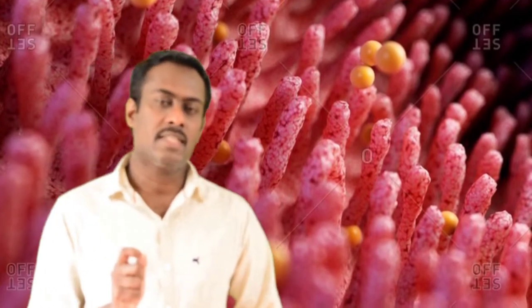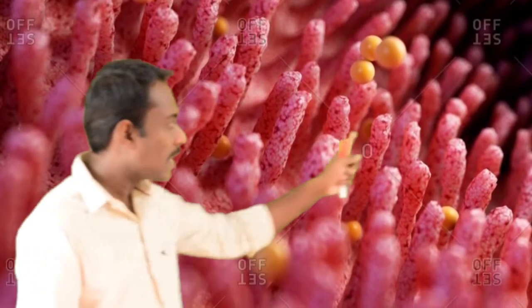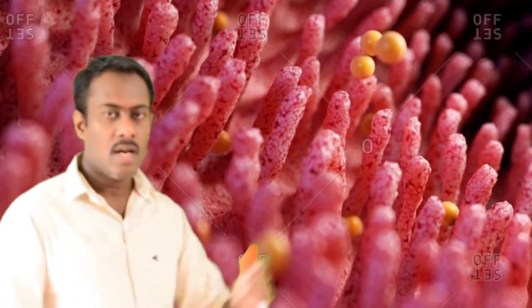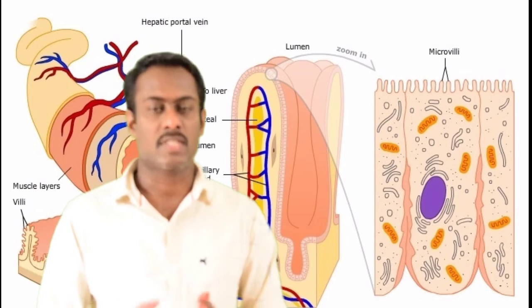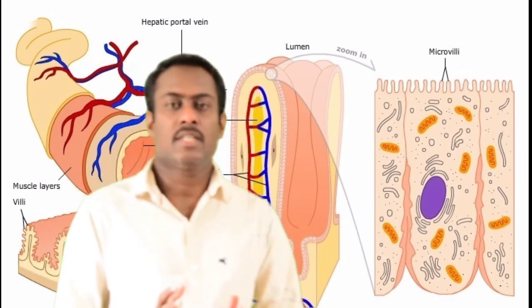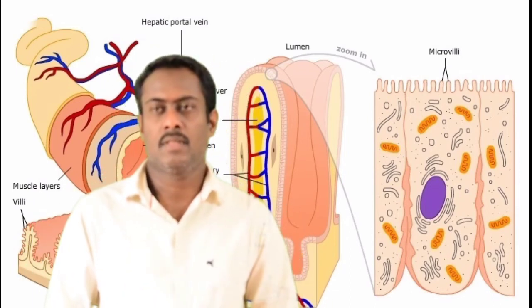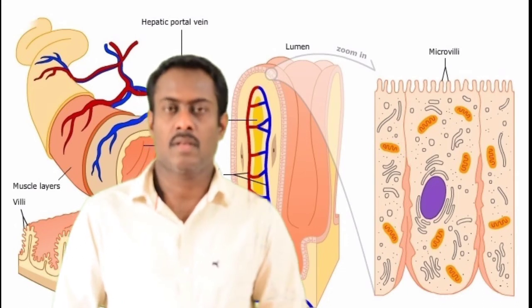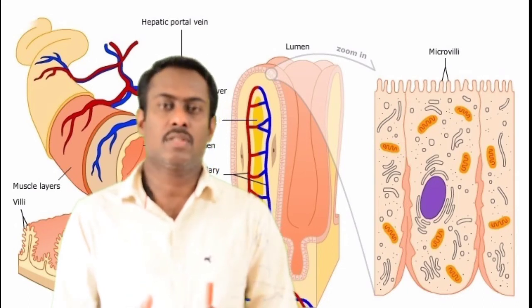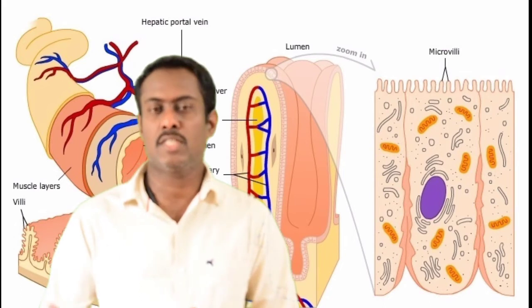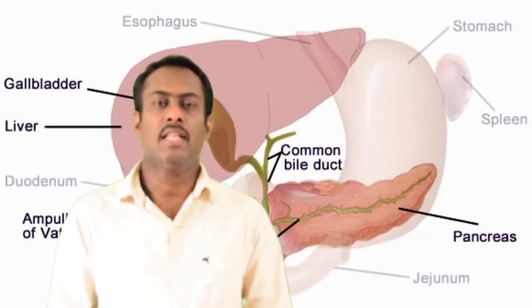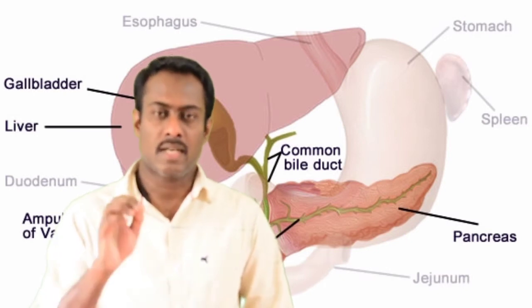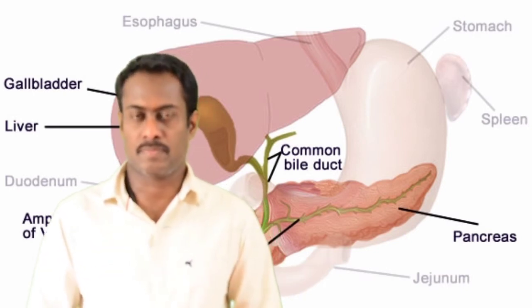The inner lining of the small intestine consists of finger-like structures, villi, and these villi are richly supplied by blood vessels. The food coming from the stomach is acidic in nature, and the acidic nature of this food has to be changed into alkaline, and this is accomplished by the bile juice, which is released from the liver.